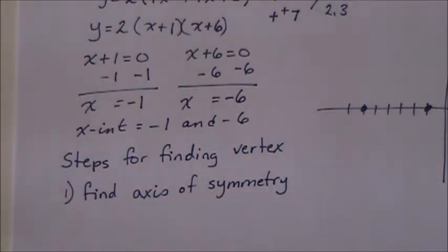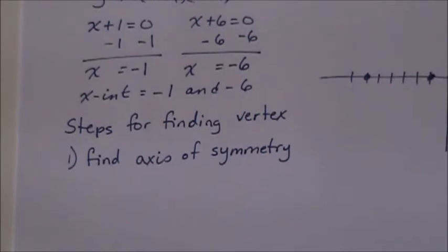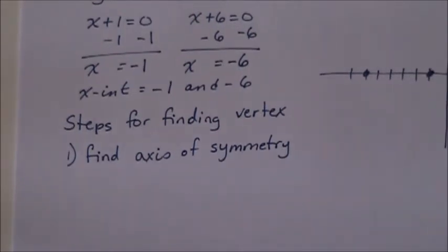The x-intercepts both have a y value of 0, so we can use those in this scenario. However, if we had 2 points where y was 3 or y was 6, we could have used those points.